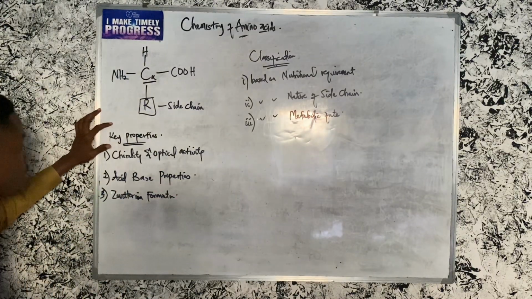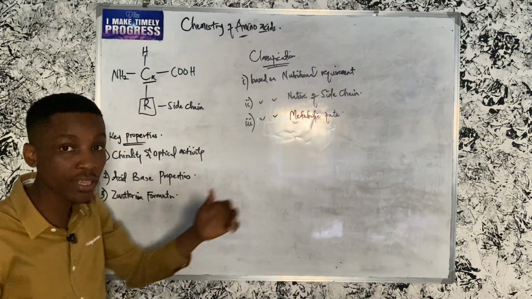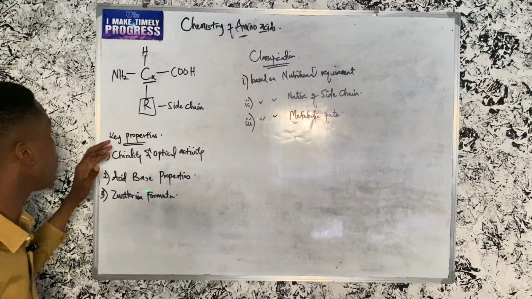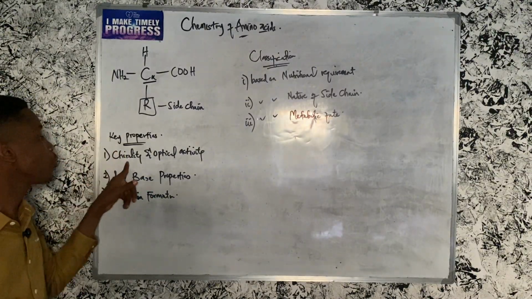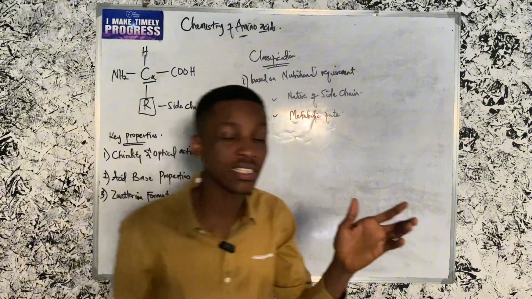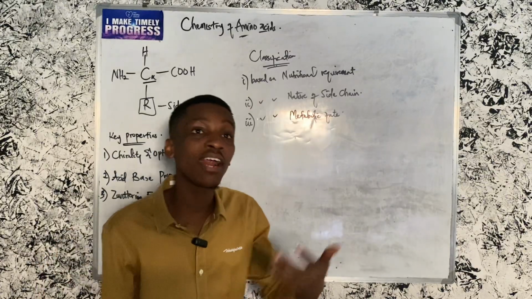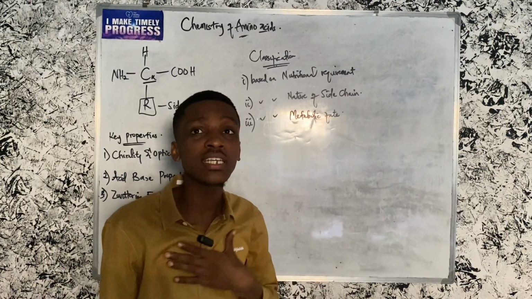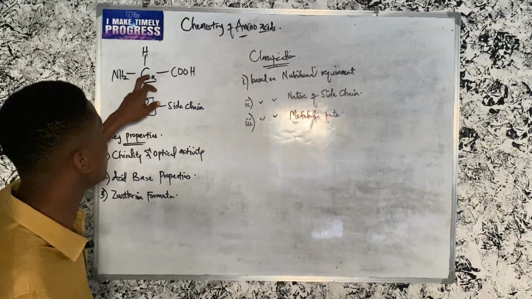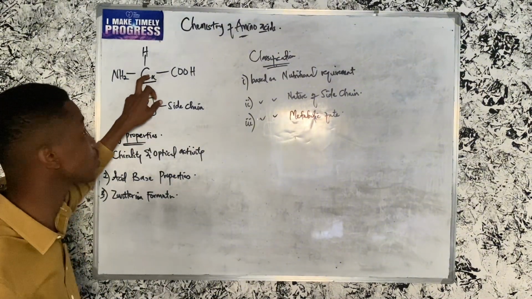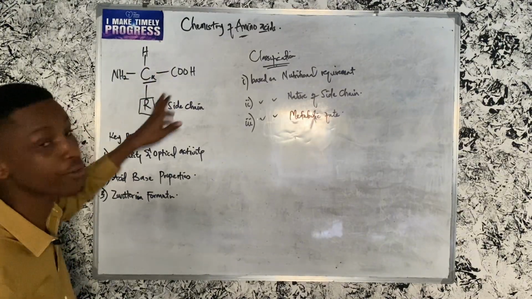Next up, what are key properties of amino acids I would like you to take note of? Number one, all amino acids apart from glycine portray a characteristic we call chirality. Now, chirality, what's a chiral center? A chiral center is a point in the structure where, if you look at a particular carbon atom, all four groups around it are different groups.